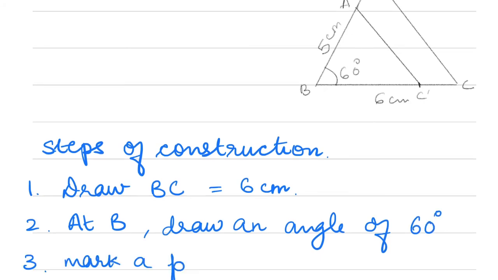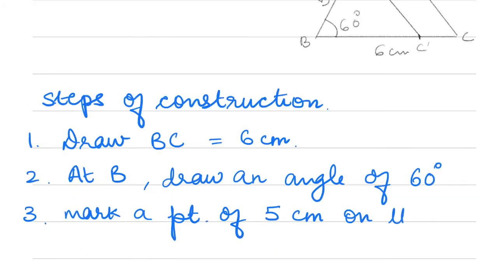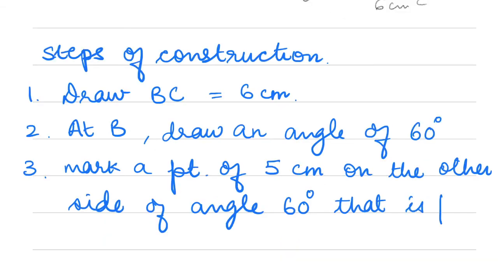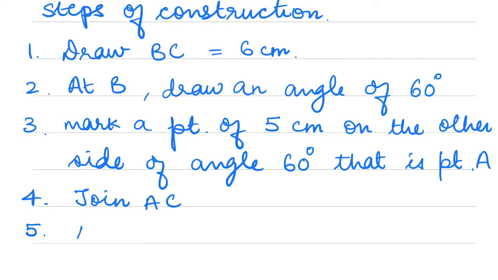Mark point of 5 centimeter on the other side of angle 60 degree, that is point A. Fourth, join AC. Fifth point, ABC is the triangle.